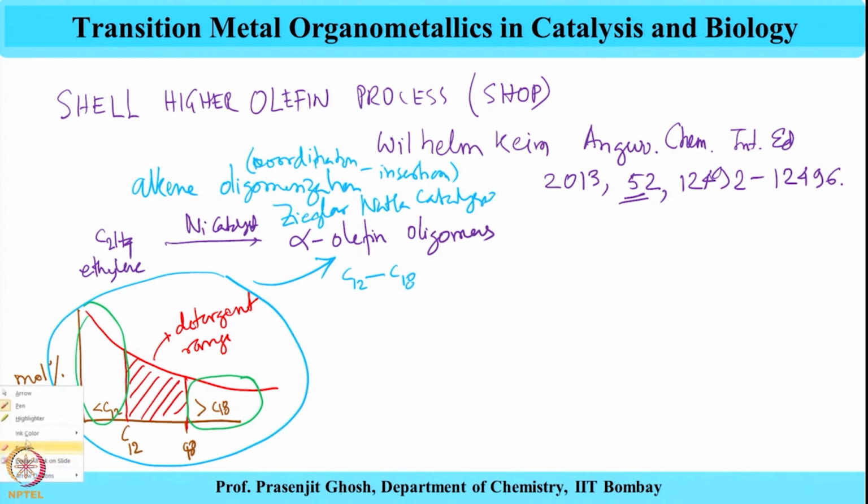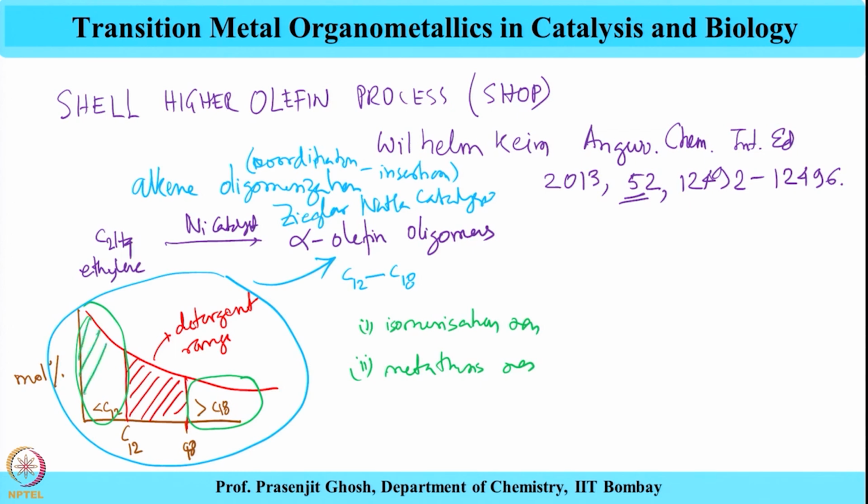Now, in SHOP a parallel development used an isomerization reaction as well as a metathesis reaction to convert these fractions, less than C12 and greater than C18, to around something between C12 to C18, which can hence be utilized.